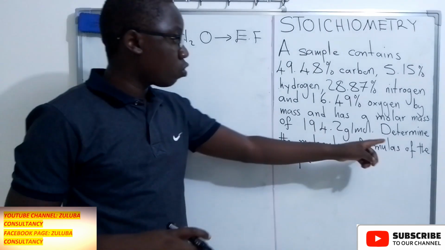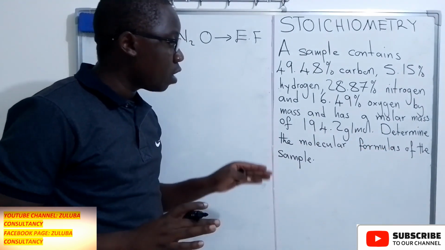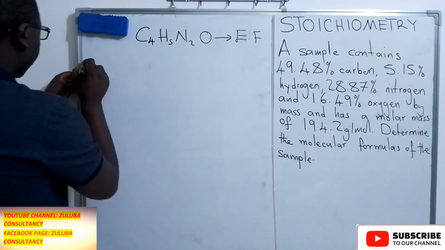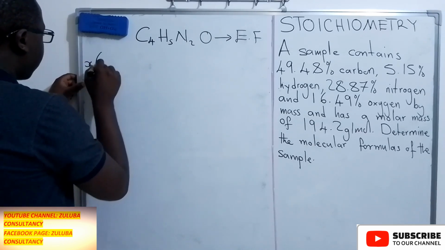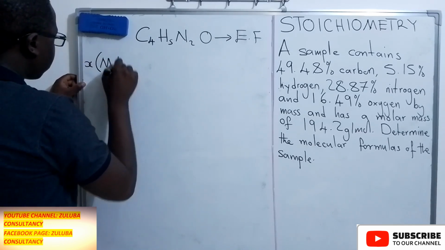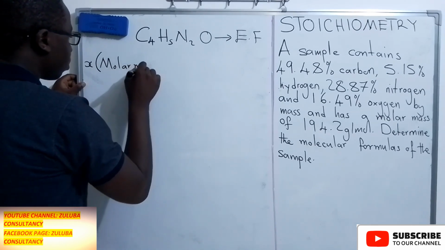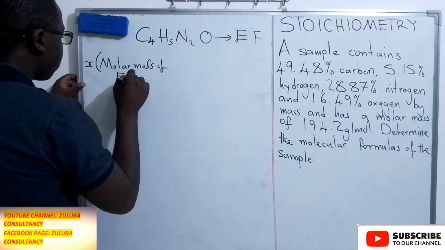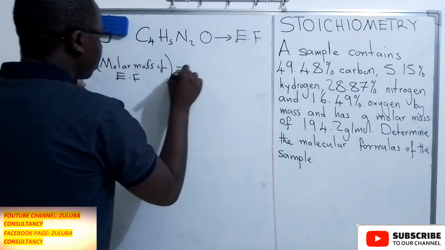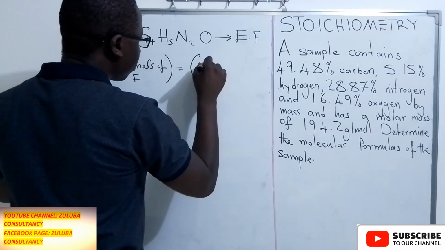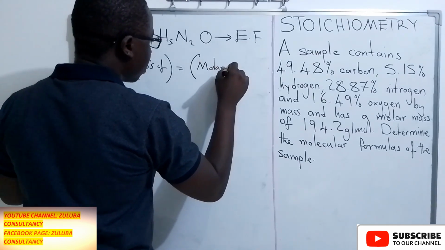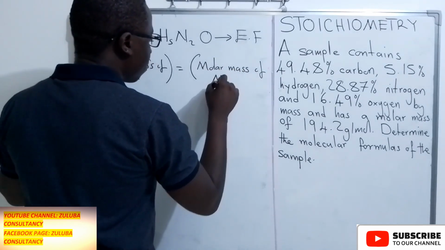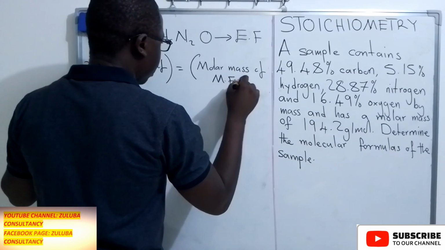Now the question continues and requests us to find the molecular formula. For us to find the molecular formula, we say X, open bracket, the molar mass of the empirical formula, close bracket, should be equal to the molar mass of the molecular formula.